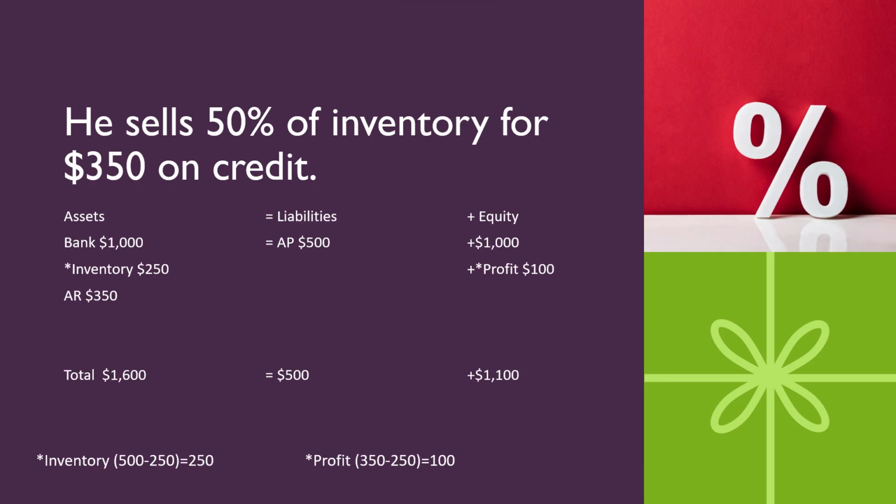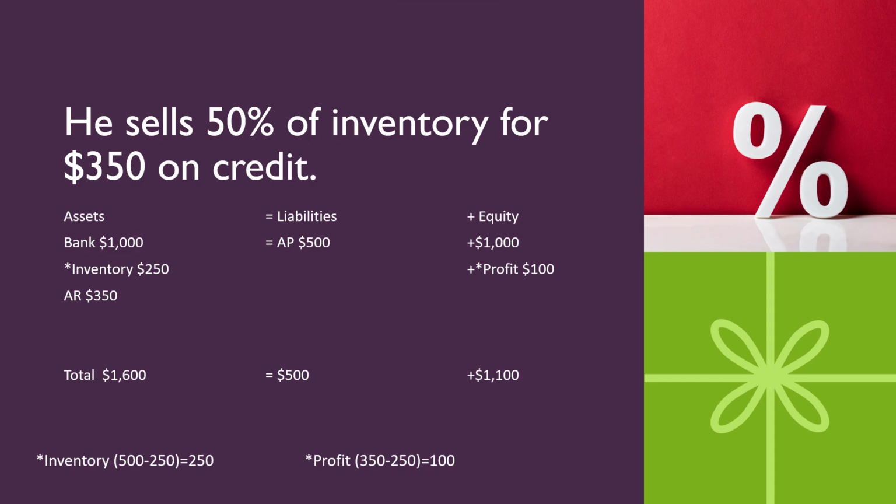He sells 50% of inventory for $350 on credit. This transaction will affect both sides of the accounting equation as shown on the screen. On the asset side, there is a reduction of $250 from the inventory because 50% of the inventory is sold. Since it is a credit transaction, therefore accounts receivable, that is a type of current asset, has been created with a sales value of $350.